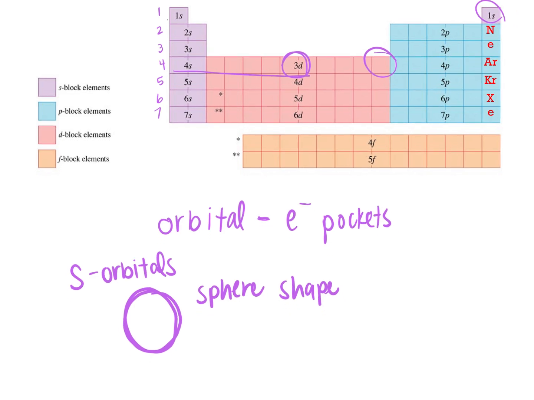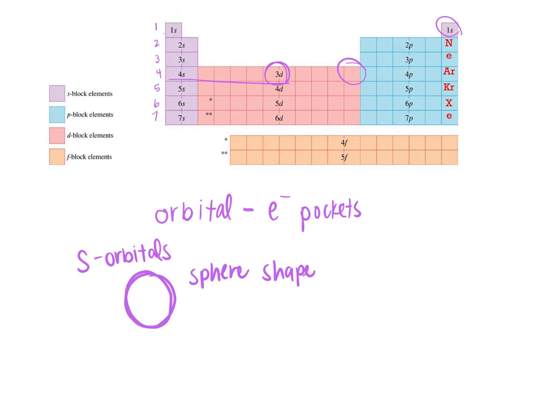Now, every type of orbital holds kind of a different number of electrons. That's a little bit of a tricky statement. But S orbitals in particular can only hold 2 electrons. That's so important, okay? Highlight that, circle it, do whatever you want to do, but the S orbitals specifically can only hold 2 electrons.